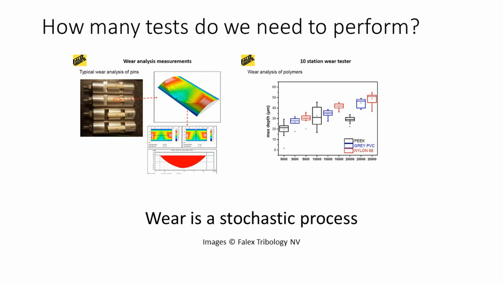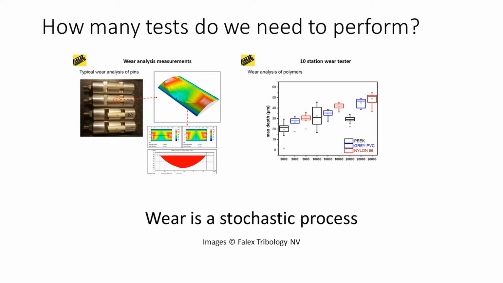The resulting wear scars were measured and the results presented as box plots. What is of interest here is how the distributions vary significantly depending on the total number of cycles run. This would suggest that, in this case, the number of tests required to achieve an acceptable confidence level may vary depending on the chosen number of cycles.